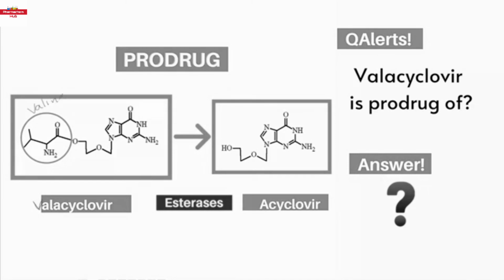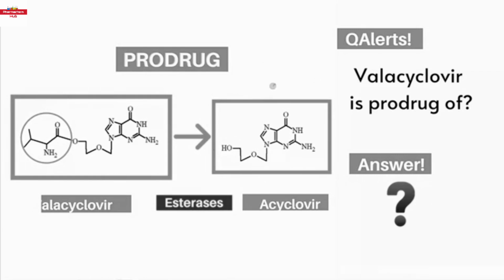Valine is metabolized by an enzyme called valacyclovir esterase. These esterases break down the ester and make it an alcohol. So here it makes acyclovir. Basically, valacyclovir is a prodrug, and the active drug is acyclovir.